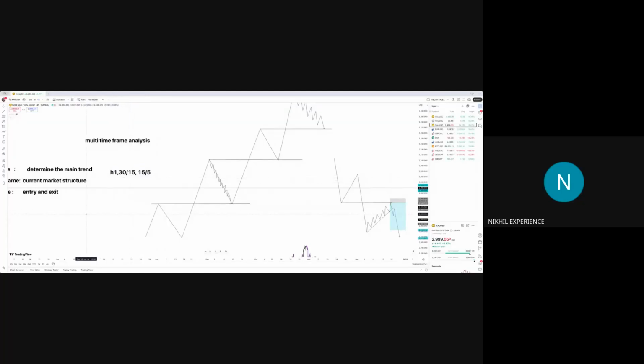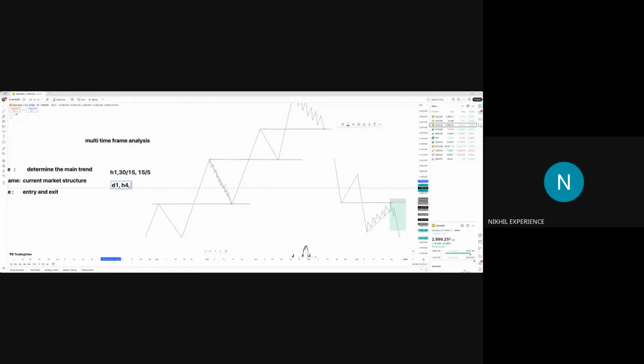Now, a swing trader, that is my type of people. If you're a swing trader, you'll probably be looking at the daily time frame, D1, then H4, that's the 4 hours time frame.